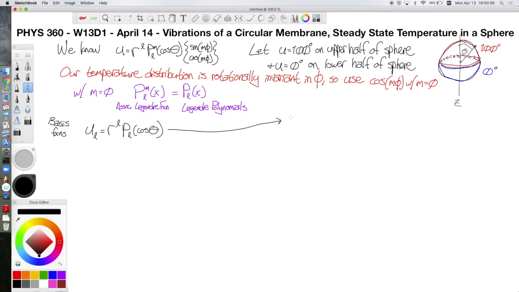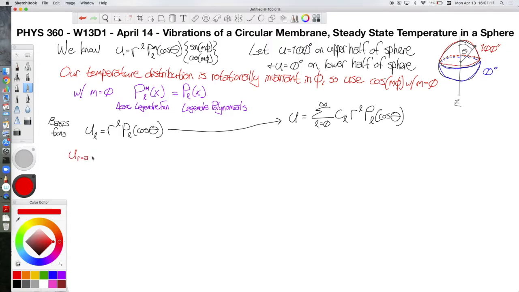This means we can write our overall solution, u, as a linear superposition over all possible values of L, from L equals 0 to infinity, with a coefficient c sub L, and then the rest is the same: r to the L power, times the Lth order Legendre polynomial with an argument of cosine of theta. Now we need to start worrying about our boundary conditions. And the boundary conditions here are most relevant at r equals a, the radius of this sphere.